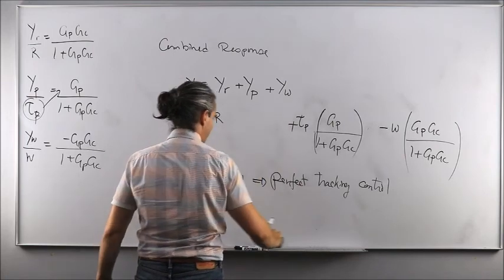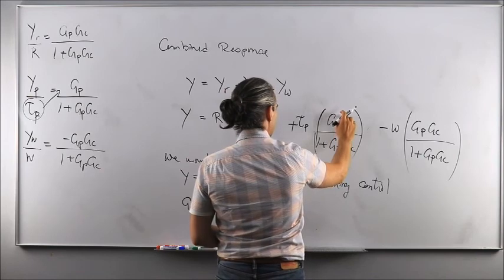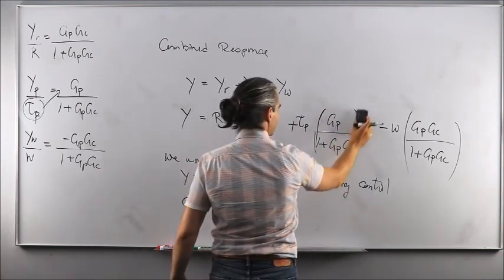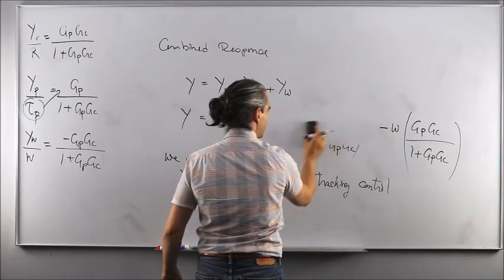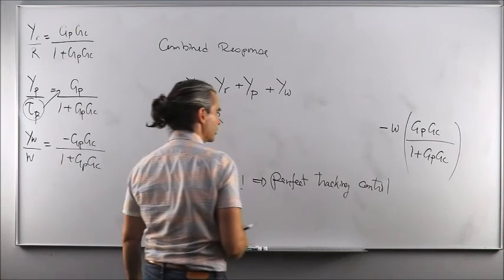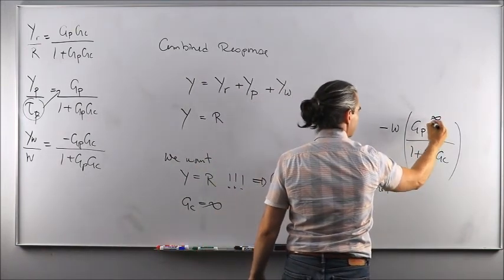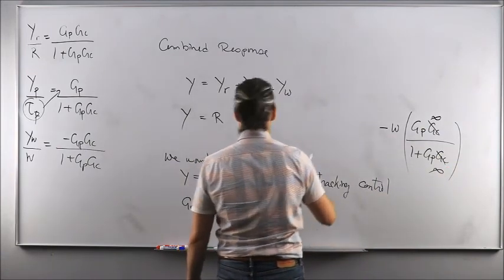Okay? That's great. That would be P over infinity. So that'd be good, because that would mean that this is 0, and therefore you've been able to cancel the effects of the perturbation. But here you end up with infinity over infinity, or 1.